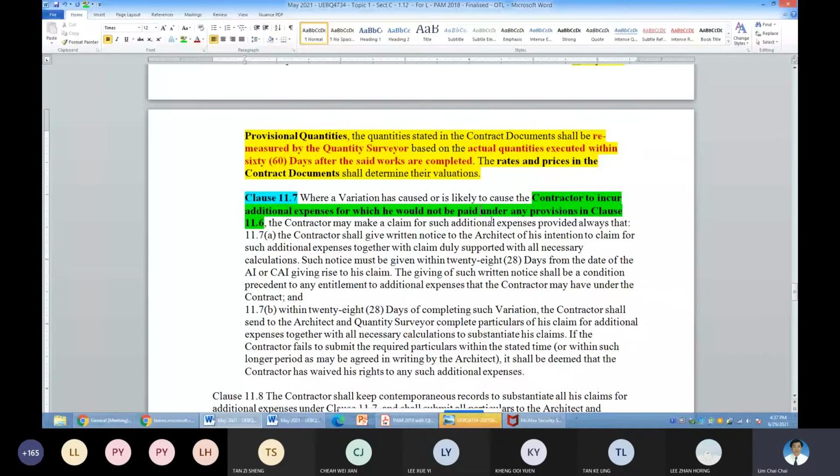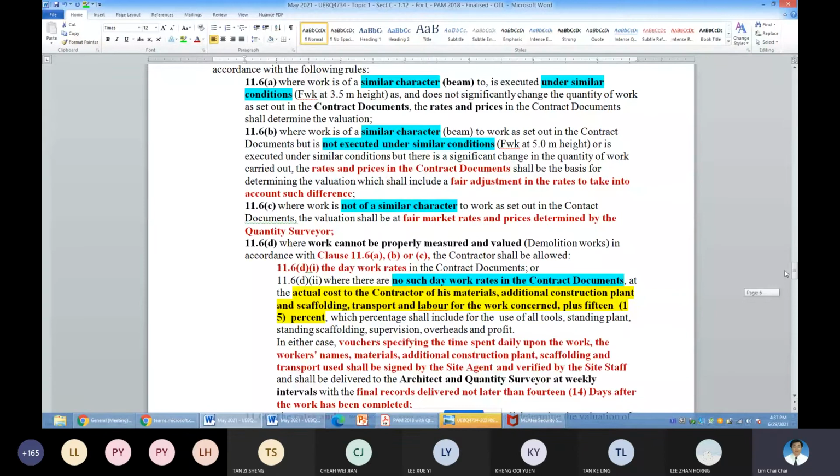If the contractor finds that although they are paid once already for the work done and evaluated under clause 11.6, which means 11.6 A, B, C, D and so on, these are the clauses under which the contractor is paid.